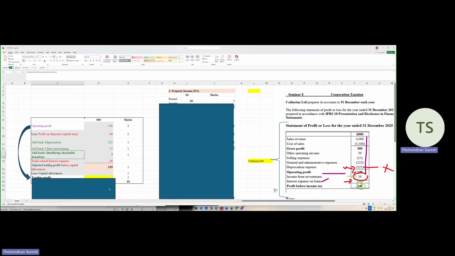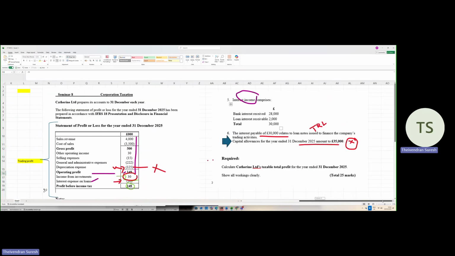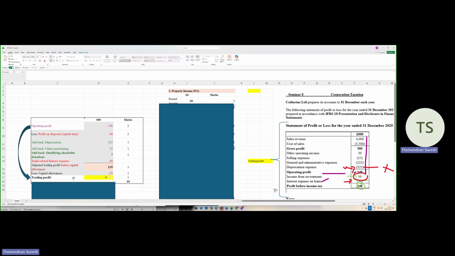Now we need to deduct the capital allowances. Capital allowances we were given as 35. The tax depreciation is minus 35,000. Once you deduct your capital allowances, 235 minus 35 gives 200,000. It is your trading profit.